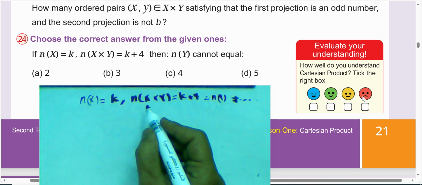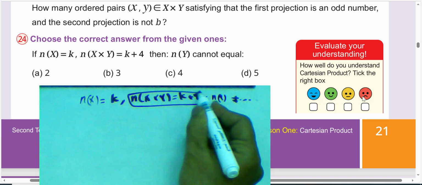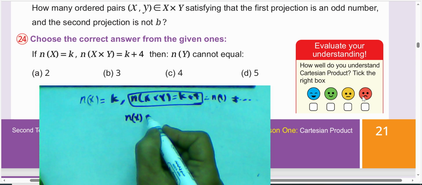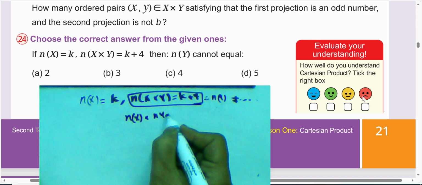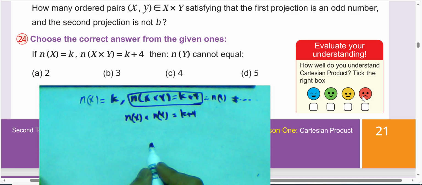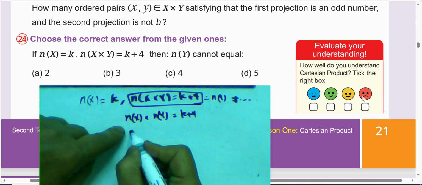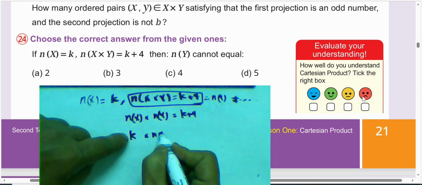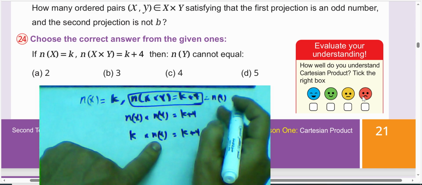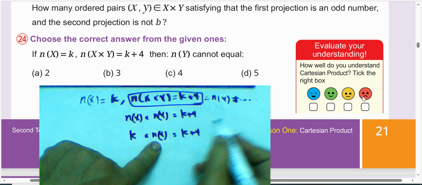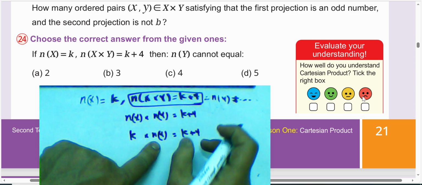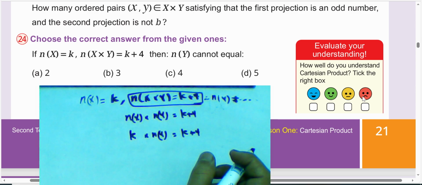We know the number of elements of X Cartesian product Y equals k plus 4. It means the number of elements of X multiplied by the number of elements of Y equals k plus 4. The number of elements of X equals k, so k times the number of elements of Y equals k plus 4. He wants to find what the number of elements of Y does not equal. We can write the number of elements of Y equals (k plus 4) divided by k.